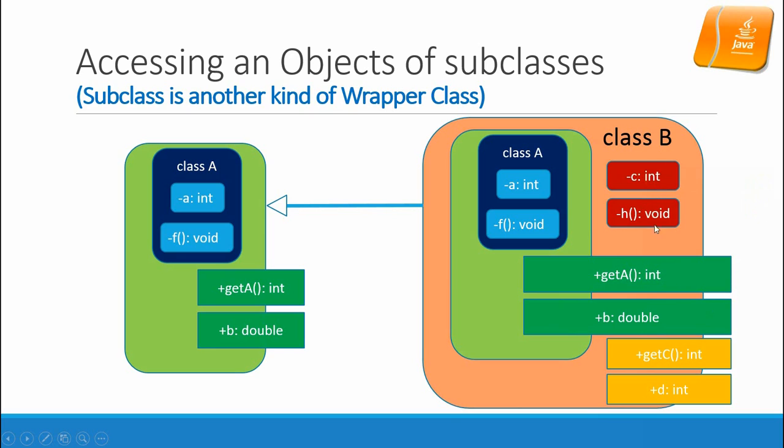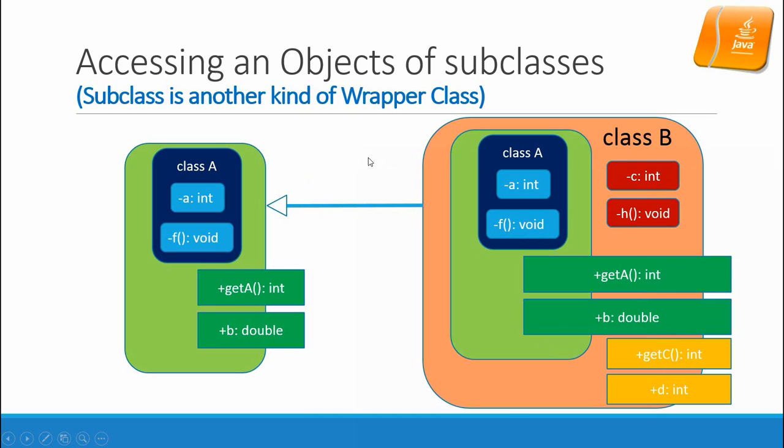And class B's data is added on top of class A, so the total data fields are A, B, and C, where A and C are private now, and D and B are public now. The private method for class A and the private method for B are both still private, and the two methods getA and getC are public, no matter whether inherited from A for getA or originally available for getC in class B.